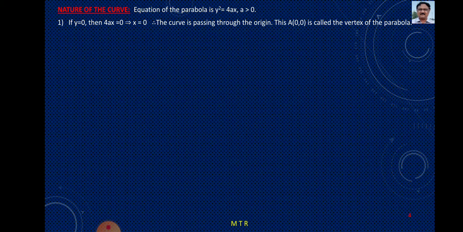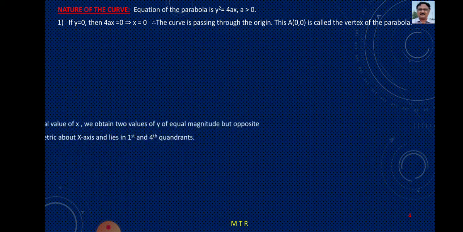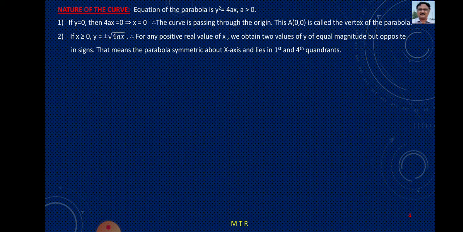Here (0, 0) is nothing but the vertex A. So A(0, 0) is a point on the parabola. That means the parabola passes through the origin A(0, 0). This A(0, 0) is called the vertex of the parabola. If x is greater than or equal to 0, x greater than means x tends to plus infinity.